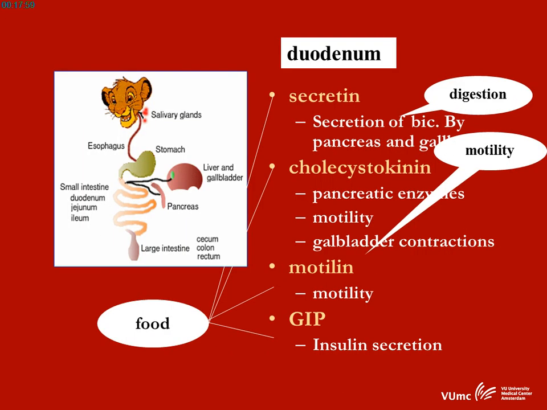And if we go lower into the duodenum, there is a secretion of secretin, cholecystokinin, motilin, and GIP, and all orchestrate digestion and motility. And this is a very intense network.